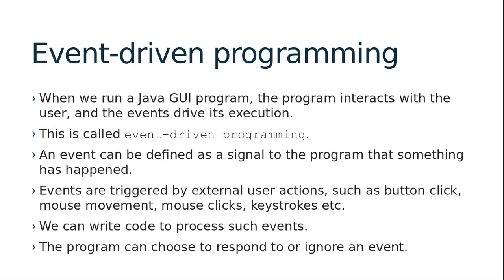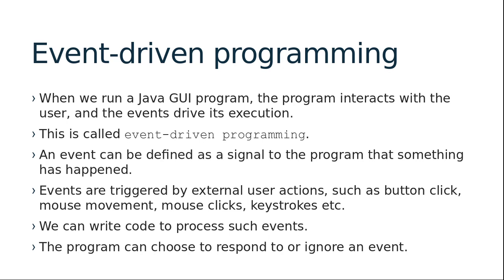Okay. Next thing that we want to cover is event-driven programming. So let's first understand what is event-driven programming. Whenever we have a GUI-based program, then we create those graphical user interfaces to interact with the user. So actually the user interacts with your program, your software, and those interactions will have a few events.